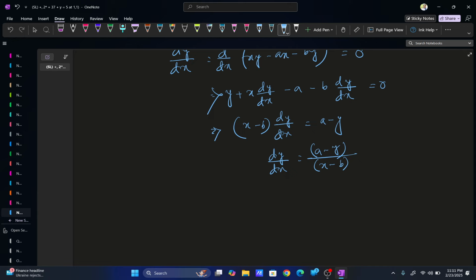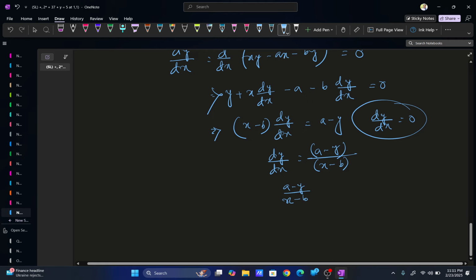And we know the slope dy/dx is 0, so a minus y over x minus b equals 0.